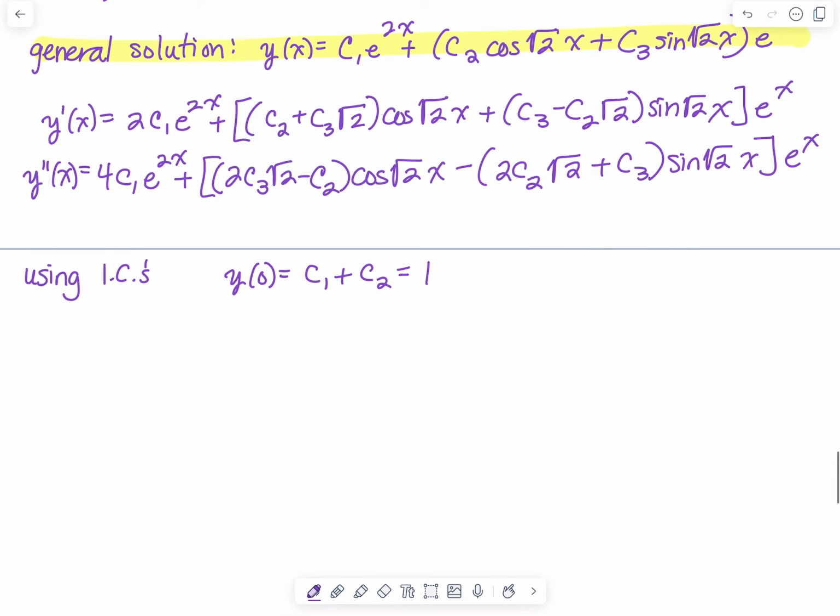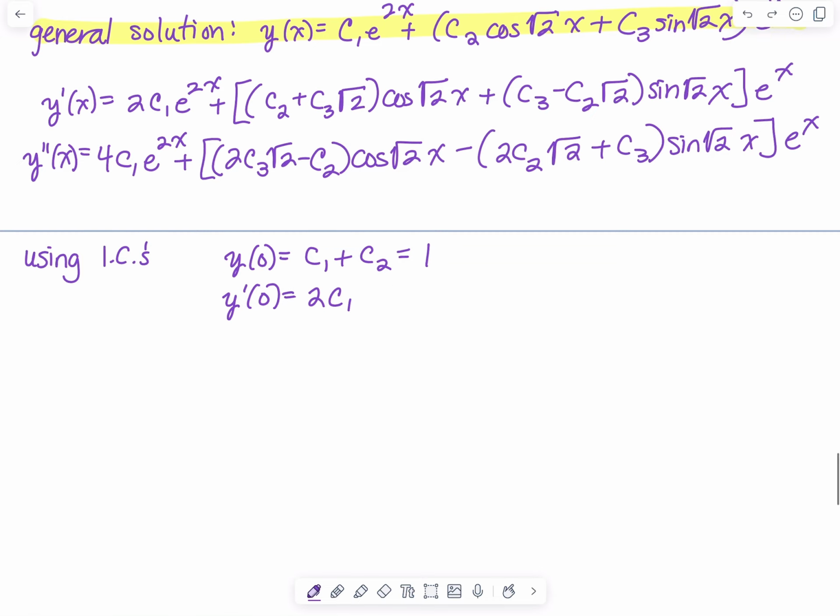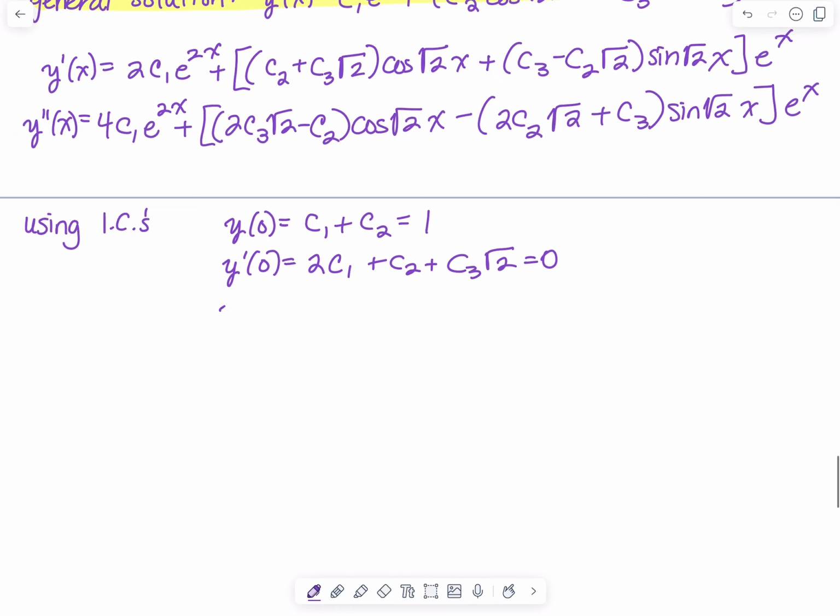And then, so we plug that into this solution, 0 into that, and y prime of 0 is equal to 2C1, you can see that here, plus C2 plus C3 root 2, and that is equal to 0. And then y double prime of 0 is 4C1 minus C2 plus 2C3 root 2 is equal to 0.